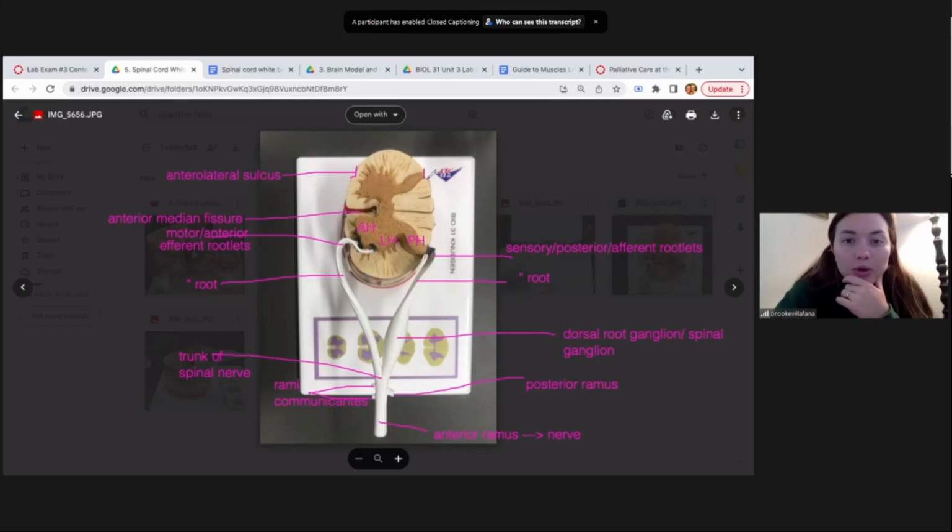This would be the posterolateral sulcus. And our intermediate sulcus right here. Intermediate sulcus. And then our posterior median sulcus and posterior median fissure.